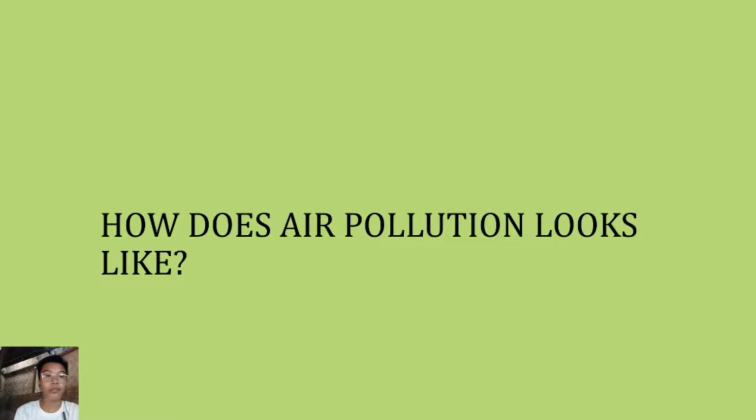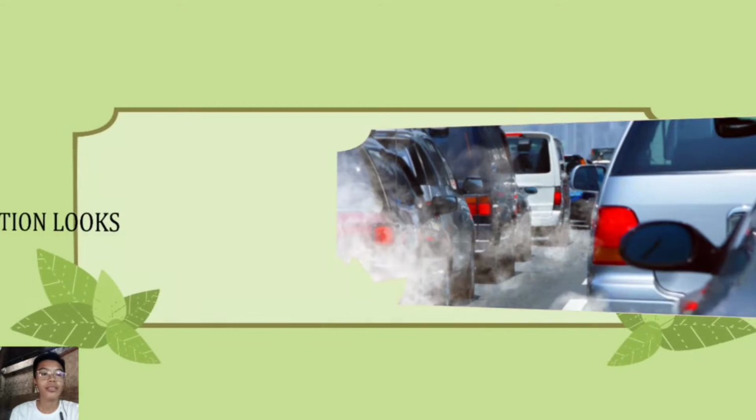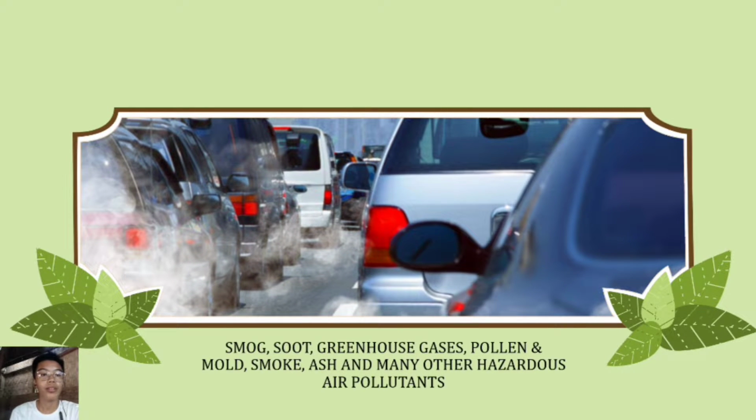How does air pollution look like? Well, with smog, soot, greenhouse gases, pollen and mold, smoke, ash, and many more other hazardous air pollutants, the environment is barely enduring amidst the air pollution.